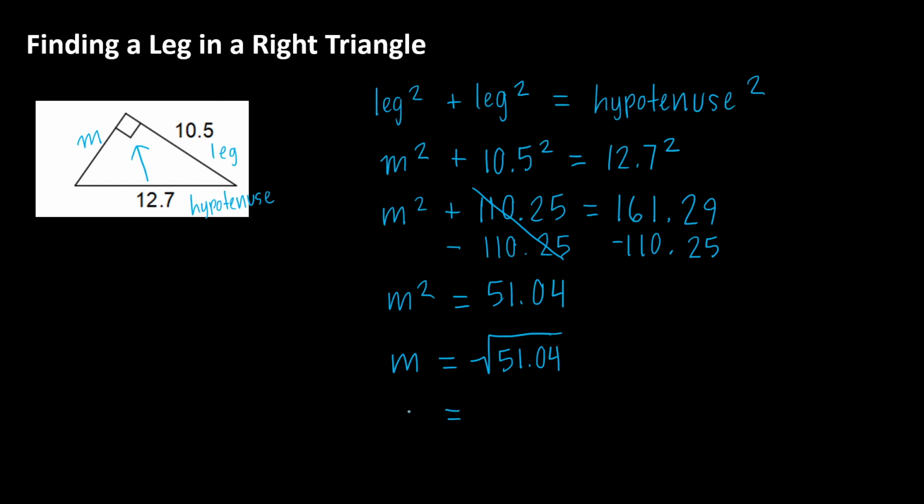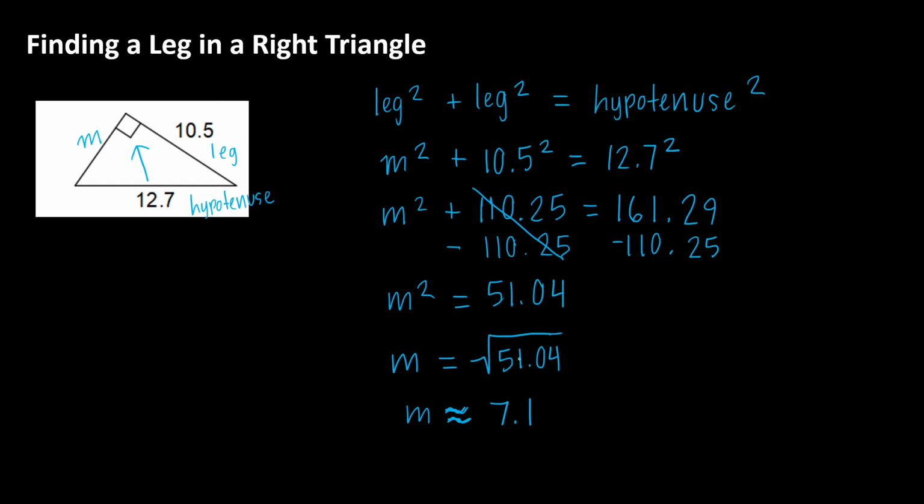In the past, we've learned to estimate that number without a calculator, but for the sake of ease today, we are going to use a calculator. So m is approximately, and then let me type in the square root of 51.04, and that's equal to the nearest tenth, about 7.1.